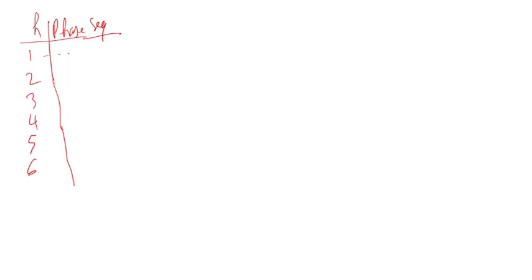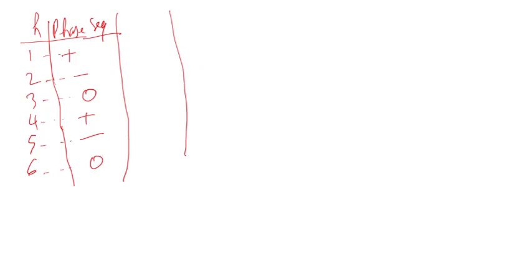So 1 is positive sequence, 2 is negative, 3 is 0, 4 is positive, 5 is negative, and 6 is 0 sequence. Then I can do the same thing here.